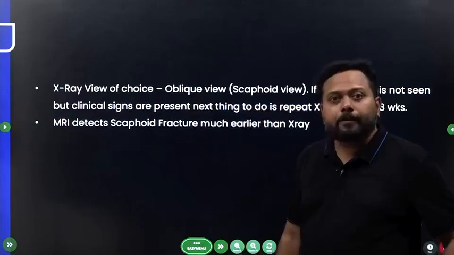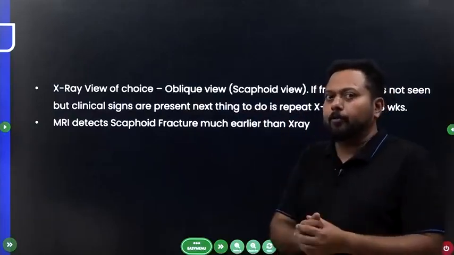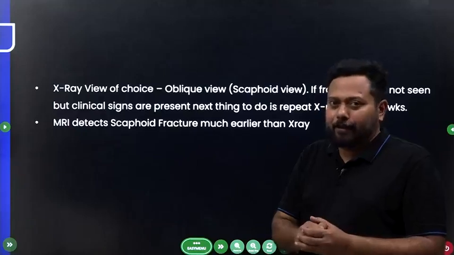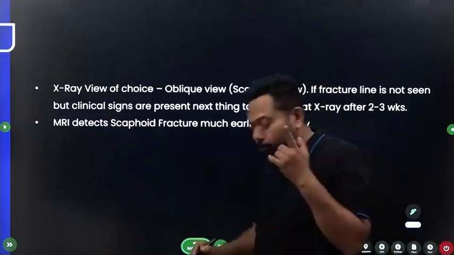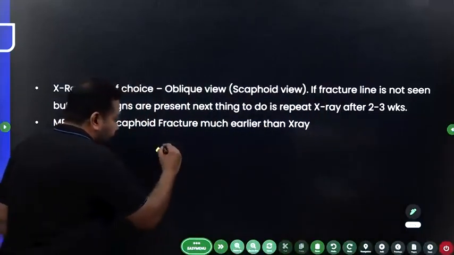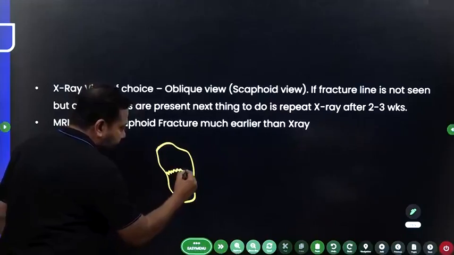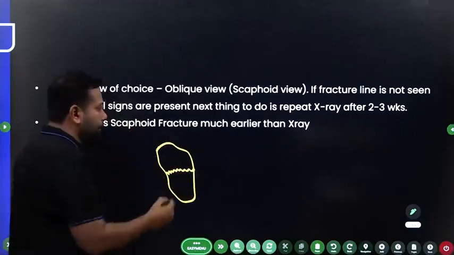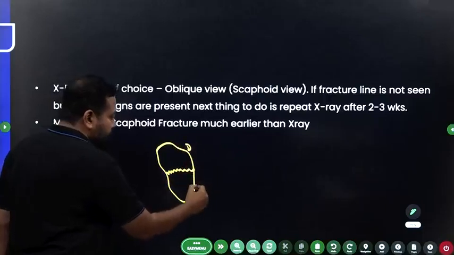Why? Dear friends, scaphoid is a very small bone but a notorious bone, I am telling you. When you miss a scaphoid fracture, 40% of the cases go wrong, because you know the blood supply of the scaphoid. Just imagine this as a scaphoid. Say a waist of scaphoid fracture has happened. This is the distal pole, this is the proximal pole.